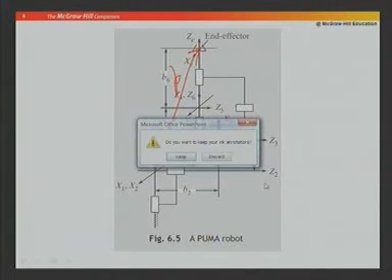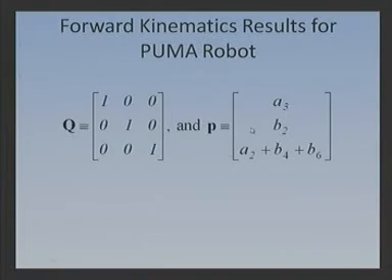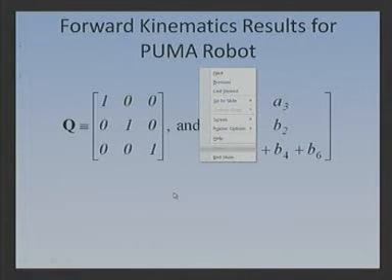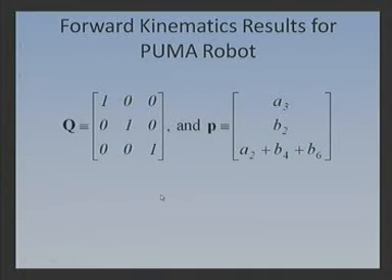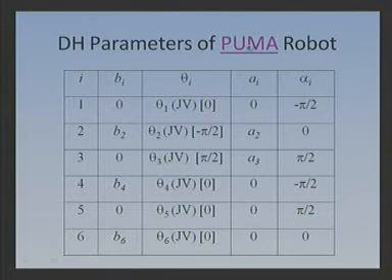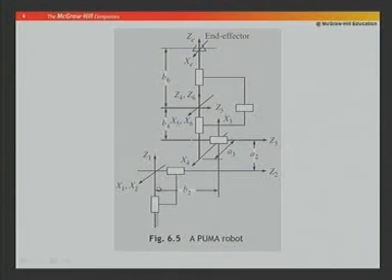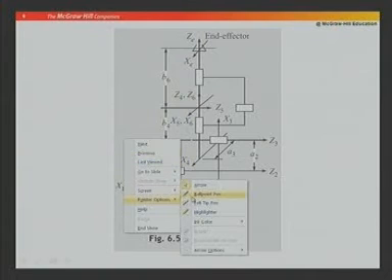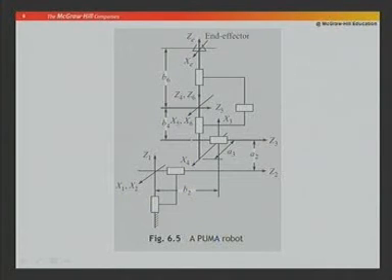Let us go back. So, this will have a value A 3. So, the x component of the end effector has A 3 along this. A 3 is this distance here. Oh, I am sorry, P is not that one, P is this one, because the origin is lying here.